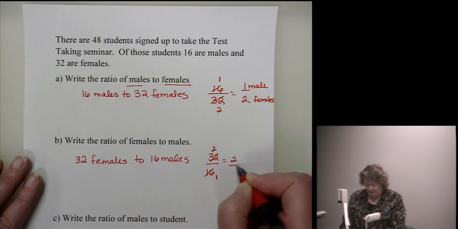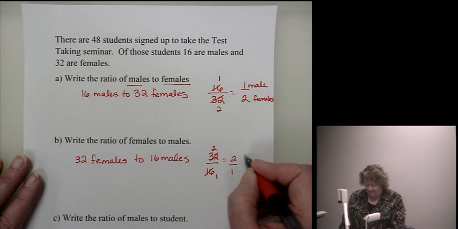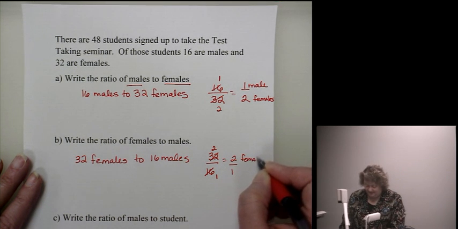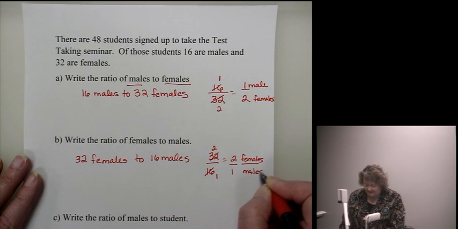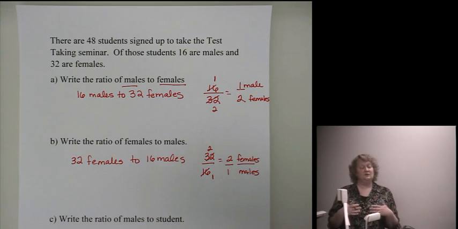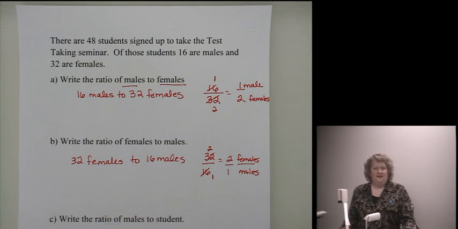So we have a 2 to 1 ratio of females to males.